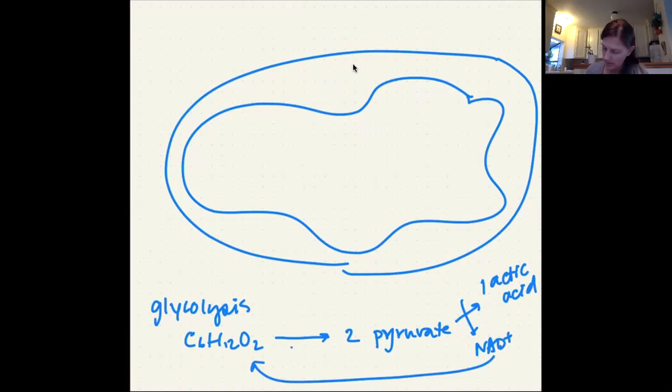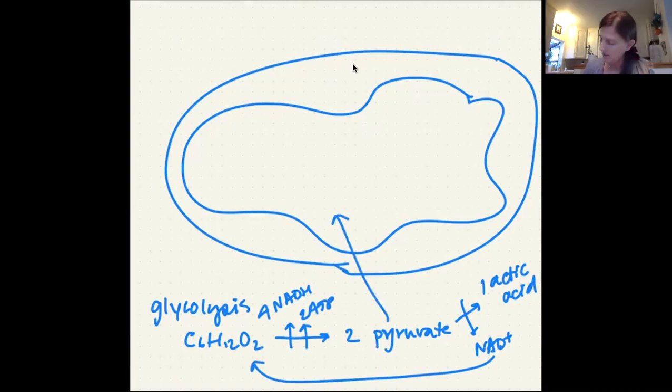And in the process of glycolysis, we get out 4 NADH, and we get out 2 ATP, right? If there is oxygen, this pyruvate is going to go into the mitochondrial matrix, right?